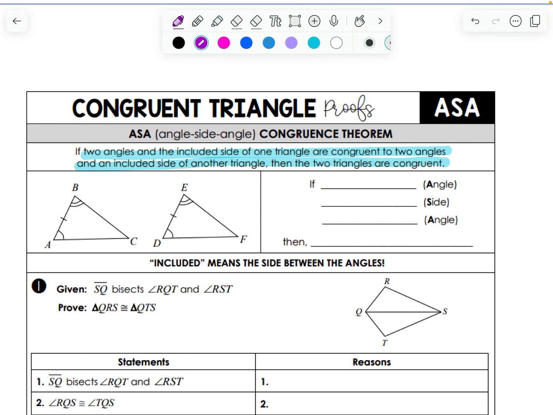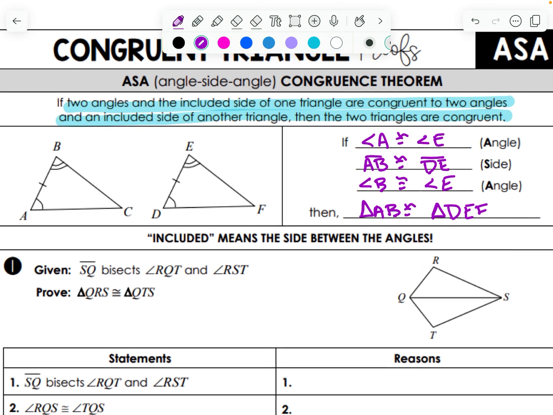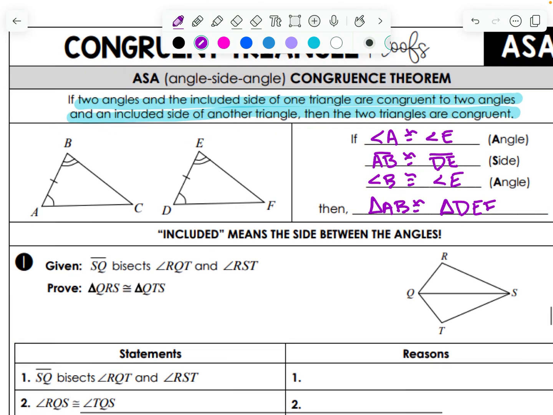So if angle A is congruent to angle E and AB is congruent to DE and angle B is congruent to angle E, then our two triangles are congruent. Remember, included means the side between the angles.